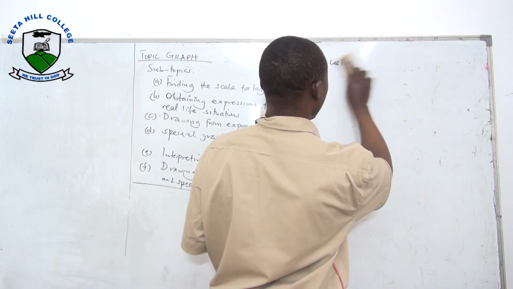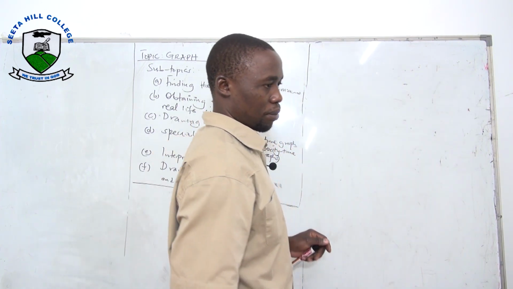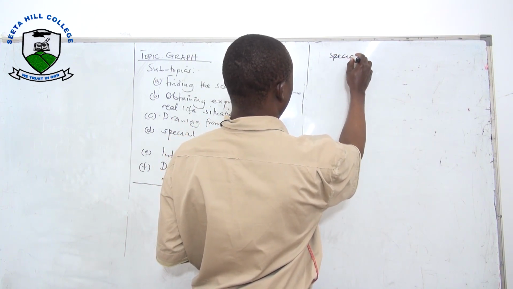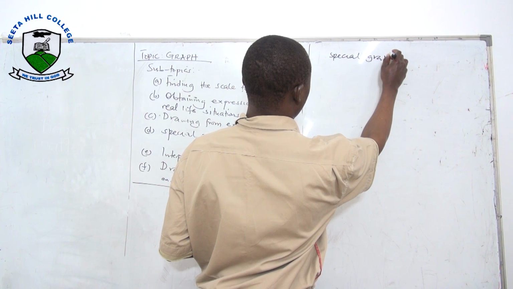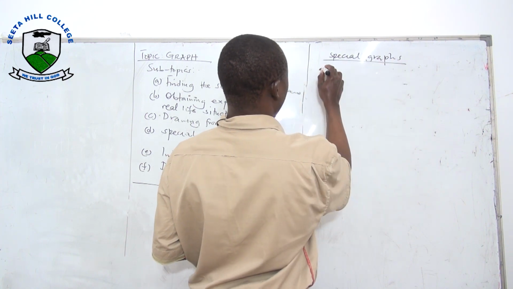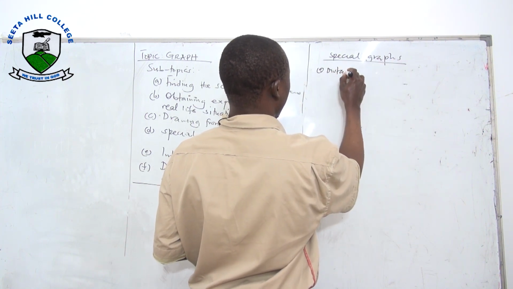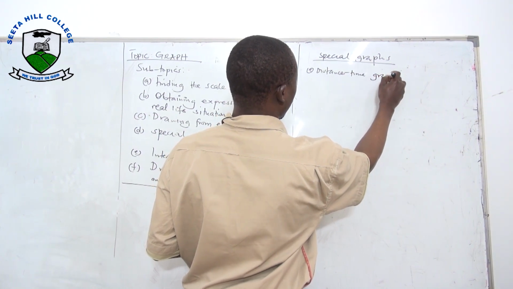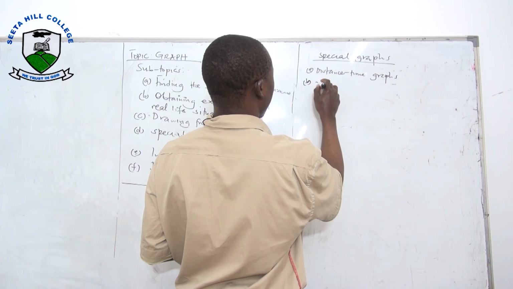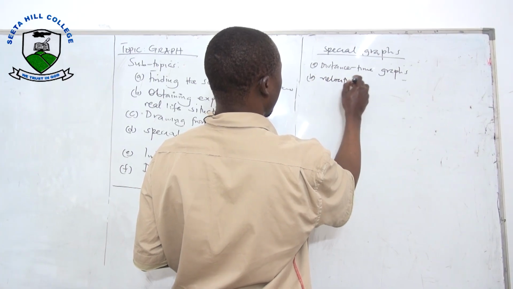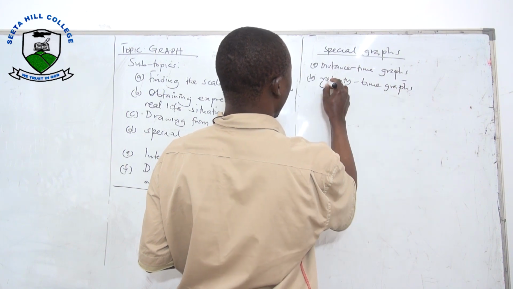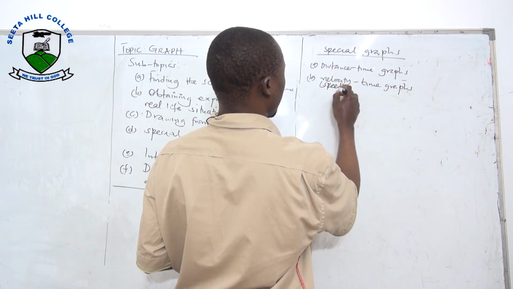But the special ones to us today are distance time graphs, because these ones are very important, and velocity time graphs, or we call them speed time graphs.